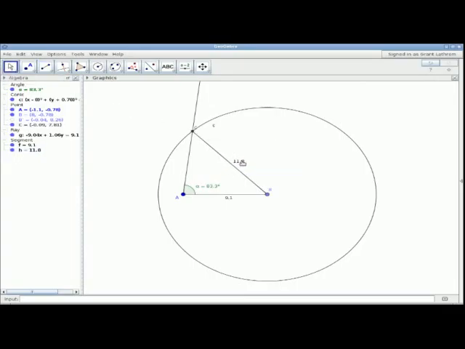I have one side that's 9.1 units long, an angle that's 83.3, and the side opposite that angle of length 11.8. So this meets all the conditions, and since I only have one intersection point between the ray that forms my 83.3 degree angle and the circle of radius 11.8, I only have one possible solution to my Law of Sines triangle.